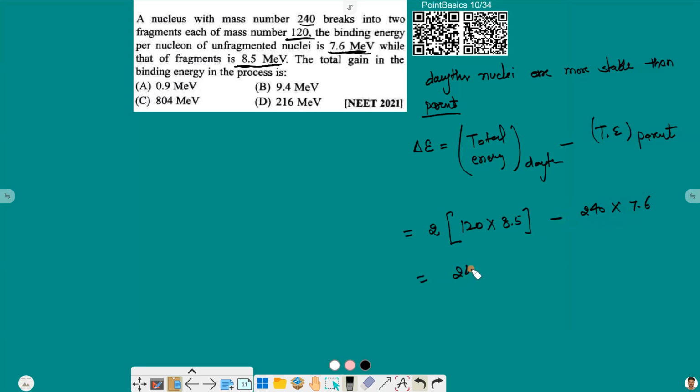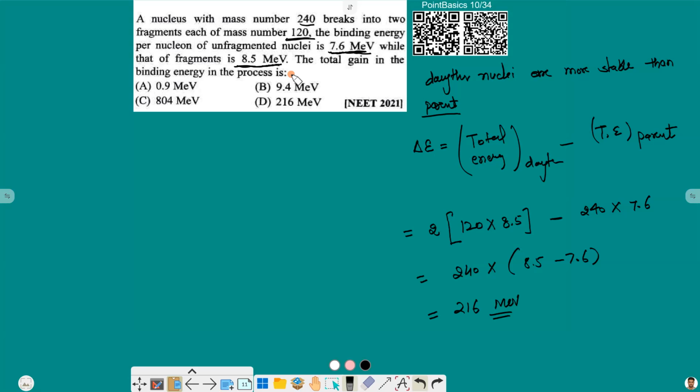So this will be basically 240 multiplied by 8.5 minus 7.6, and this will lead to something around 216 MeV. And these are in MeV.